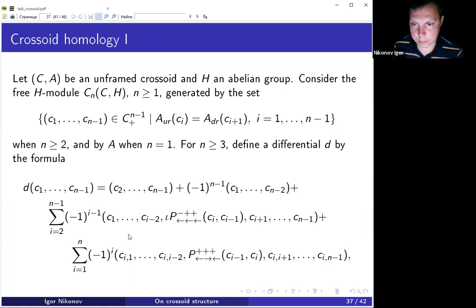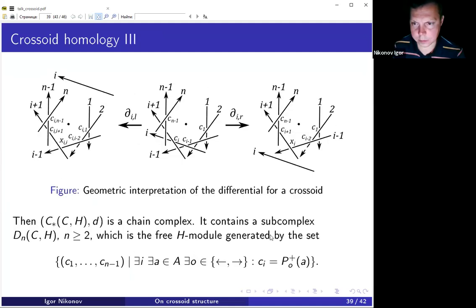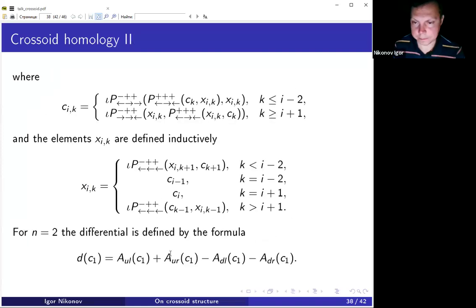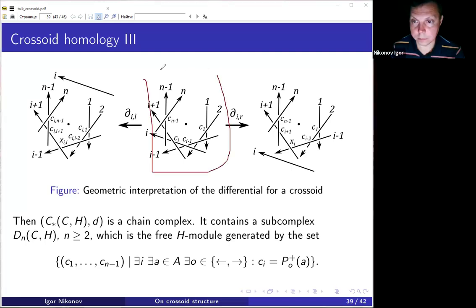So there is some formula for the differential. And in fact, this differential has some geometrical meaning. We should consider the following configuration of n arcs, and they form a polygon, a sequence of crossings. Then we take any arc i and move it to the bottom, down, or up.